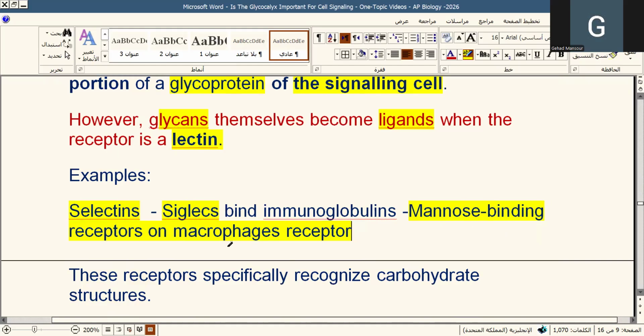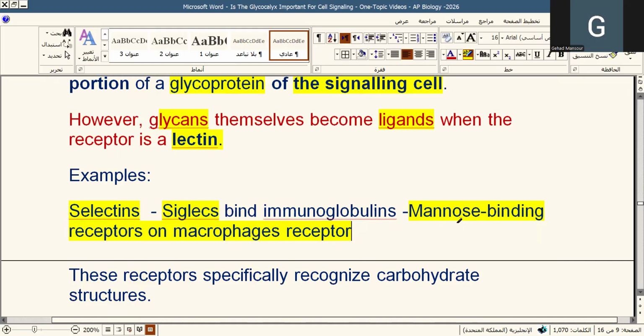The macrophages, which are non-specific immune cells, large immune cells that can engulf microbes, have certain receptors on their surface which belong to the lectins. Why? Because they can identify a carbohydrate called mannose.